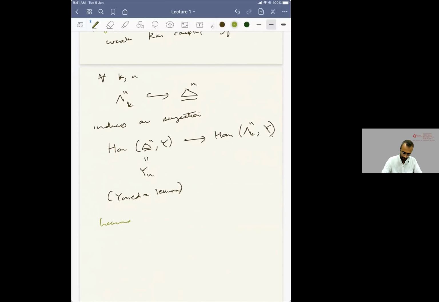The lemma is that for any category C, again, this is an easy exercise, the functor H from C to functors from C op to sets, the right side being called presheaves on C, which sends an object X to Hom from blank into X, is fully faithful.